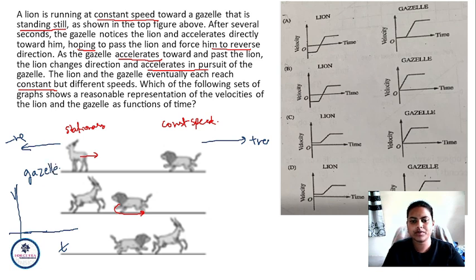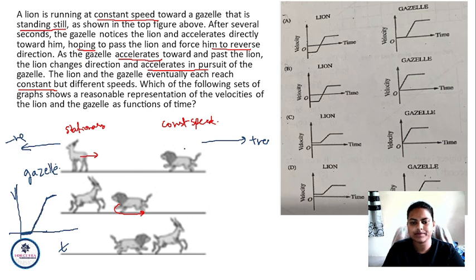For some time the gazelle was stationary, and when he saw the lion he started increasing his velocity. For some time it accelerated, so the graph is like increasing velocity, right? After some time it reaches a constant speed. So this is the graph for the gazelle.